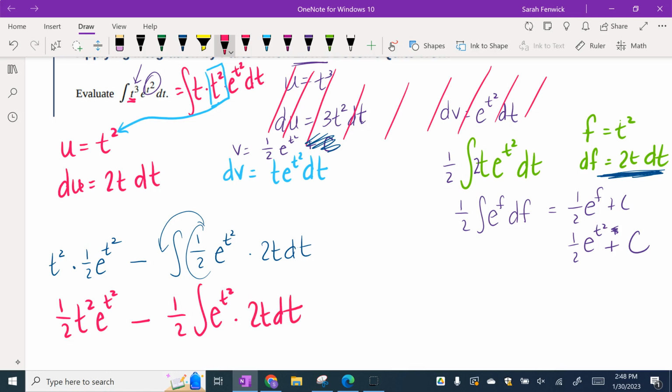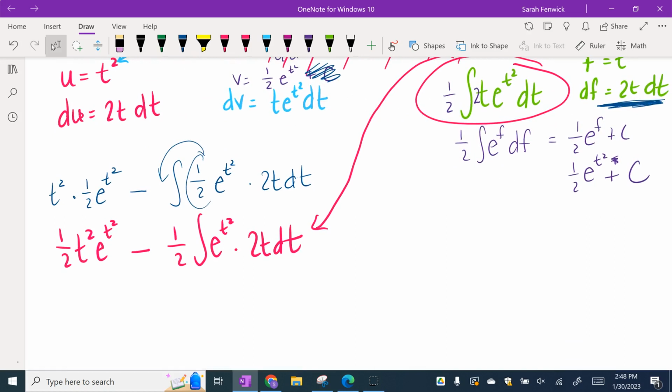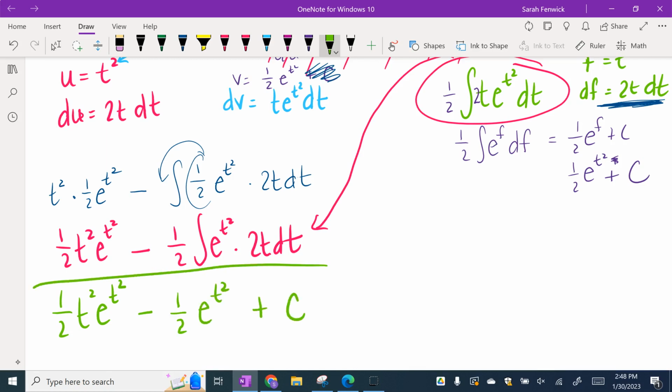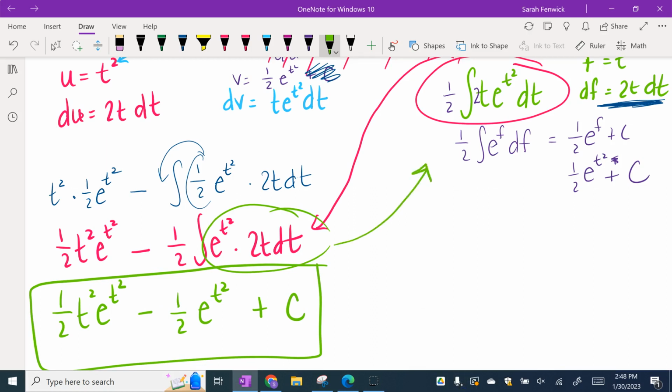Well, this right here told me how to integrate that. So I have 1/2 t squared e to the t squared minus 1/2 e to the t squared plus c. Now, if you need to, like I said, go back and watch this from up here. All right, we're going to stop right there for this video.